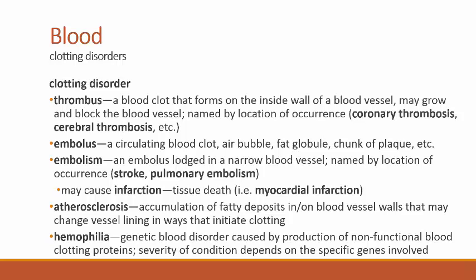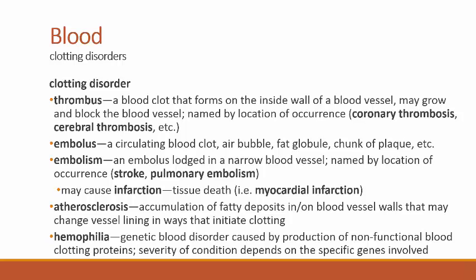But one of the more frequent kinds of embolus is when a blood clot breaks away and begins to circulate. So an embolism occurs if an embolus becomes lodged in a very small blood vessel or in a blood vessel that's been narrowed by plaque.